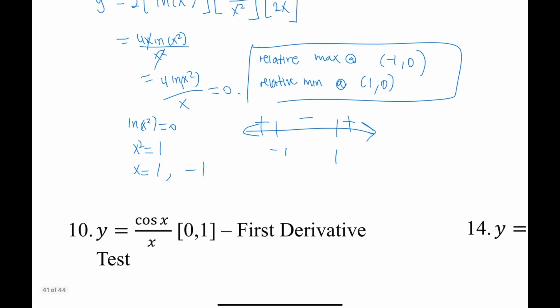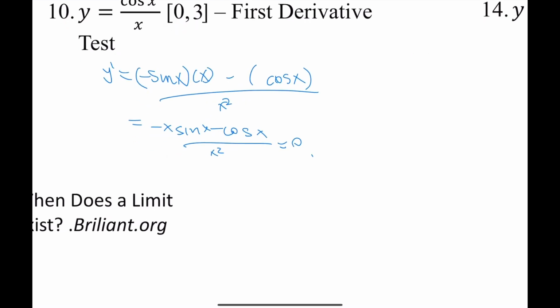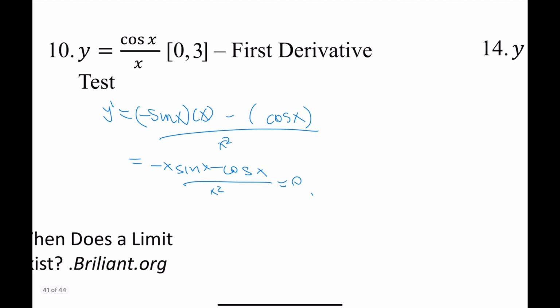Okay, so moving on, negative sine x times x, and then minus cosine x all over x squared. So negative x sine x minus cosine x all over x squared equals 0. Okay, so I'm going to use the calculator for this one, right? And then this is on 0 to 3 interval, so we can do 0 and 3.